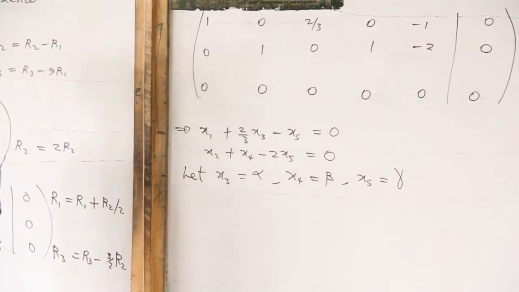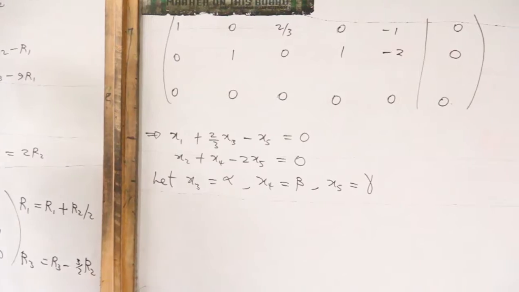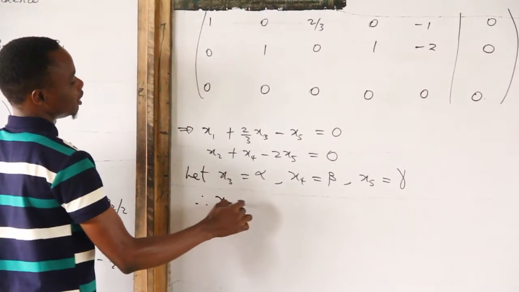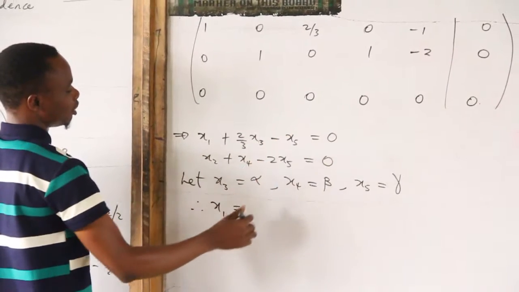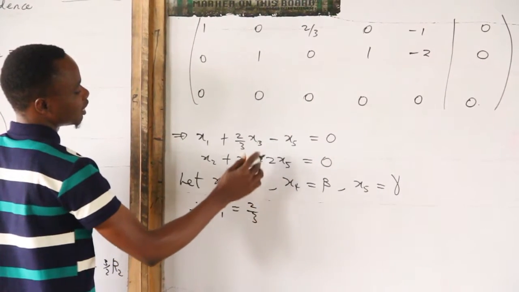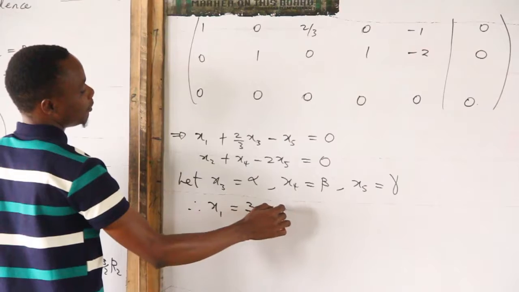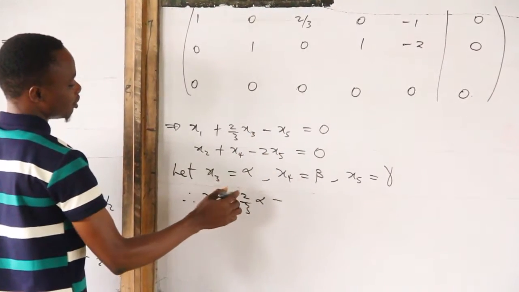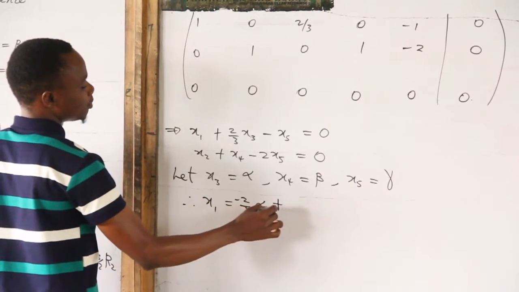Please pay attention. If that is the case, then I can write that x1 will be equal to, I can substitute all of this, that will be minus 2 over 3 alpha minus gamma. When I move this out of here, minus will become plus gamma.